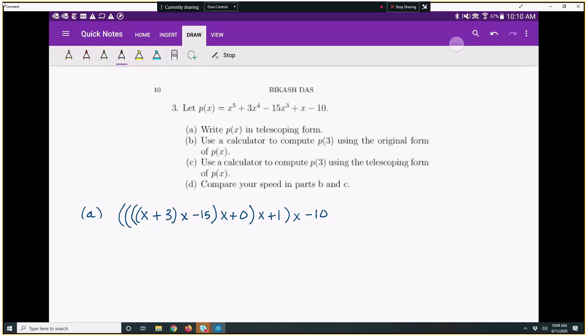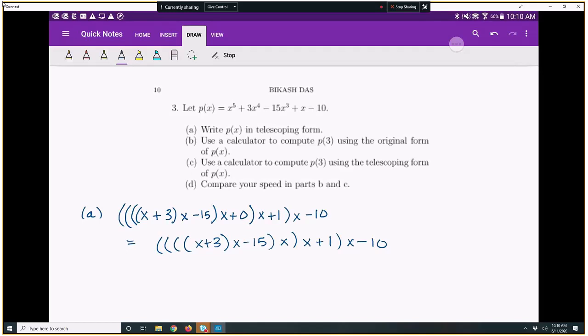The only thing that I didn't really have to do here is write this plus 0, but I wrote it just to show you how I am doing this process. So this ends up being x plus 3, x minus 15, x plus 1, x minus 10. So that's the telescoping form of the polynomial.